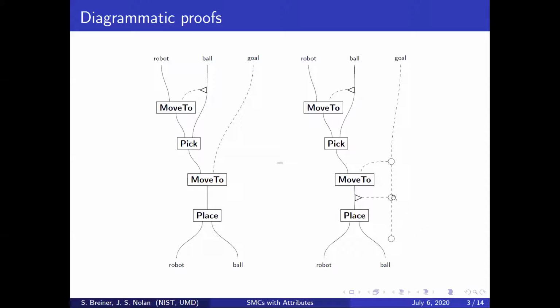And then based on an axiom we can define for the move to operation, we can use this right here to check that after the robot moves to the specified location, the position it ends up in is in fact the position we told it to go to. And similarly for this place, we can check that when we have it place the ball down, the place the ball ends up in is the place the robot was in when it put the ball down.